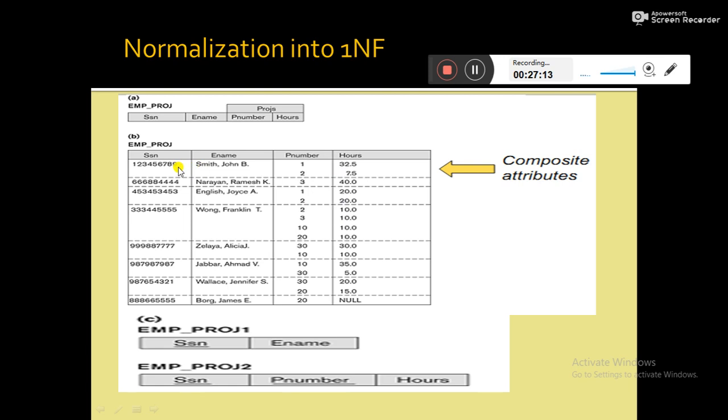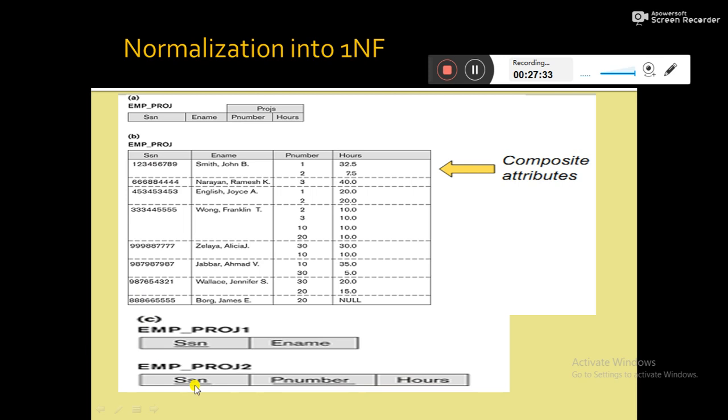So one relation will be SSN and ename, where SSN is the primary key. And these two, P number and hours, will be placed into a separate relation along with the primary key SSN.